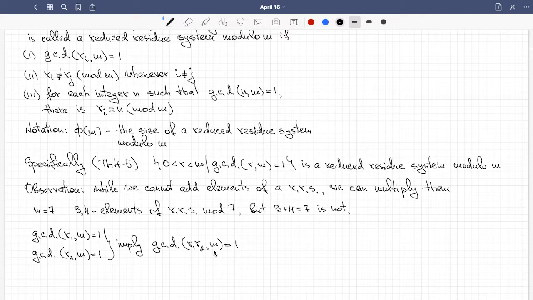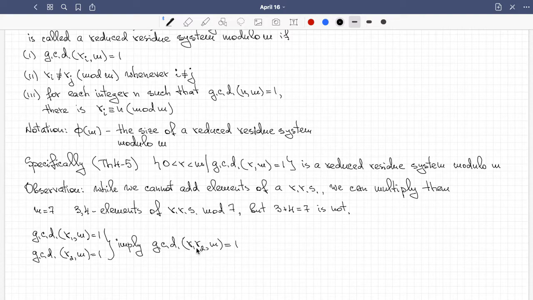That means that if R1 and R2 are two elements of a reduced residue system modulo m, then R1 R2 is a representative of another element of the reduced residue system modulo m.